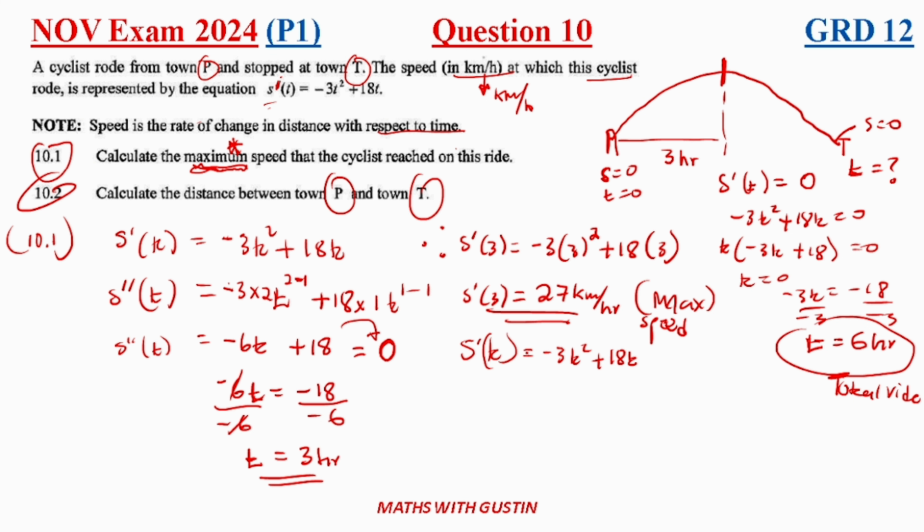So if we were to derive this backwards, we're going to have s, which is our distance. Then we're going to work backwards, guys. So this 3 is going to come here, we add 1 to the power, it's going to be negative t cubed. Then the 18 was 9 times 2, so we take it backwards, it's going to be 9t squared.